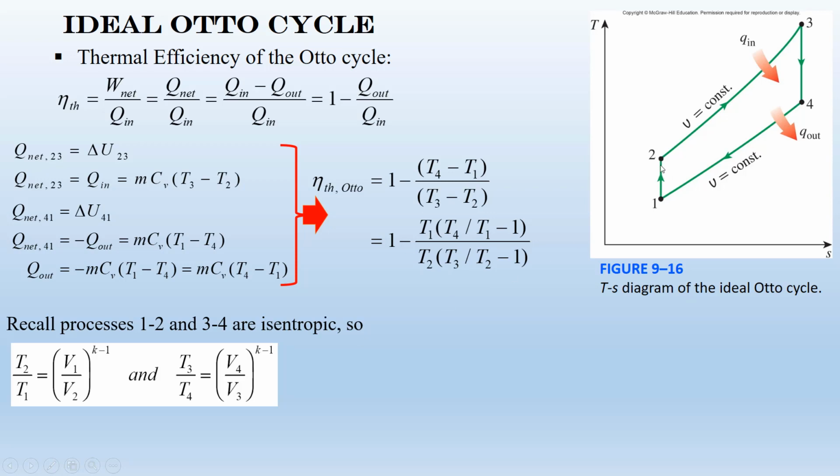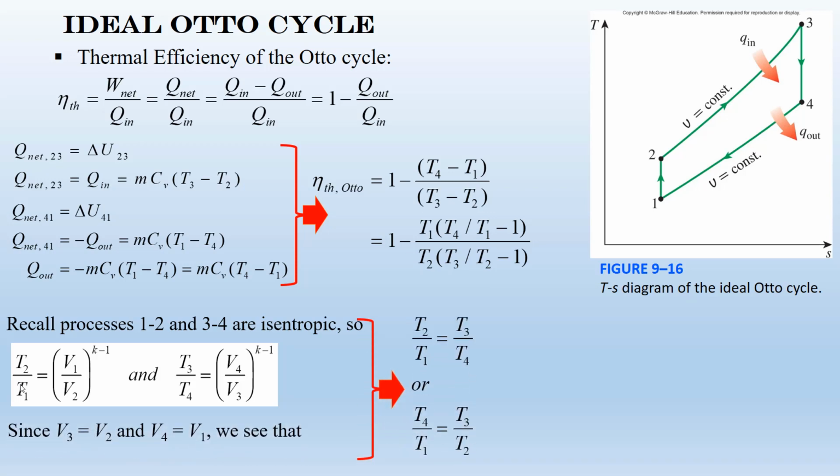Again, V2 equals V3, correct? Because this is a constant volume process. Meaning that the right sides of these two equations are the same. So we can write T2 over T1 equals T3 over T4, or you can rewrite it as T4 over T1 equals T3 over T2.